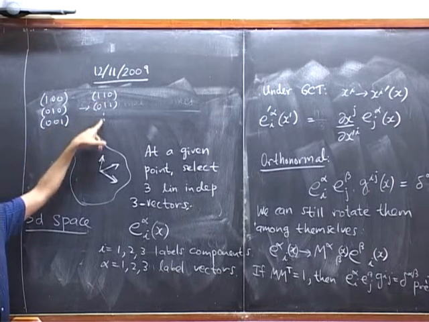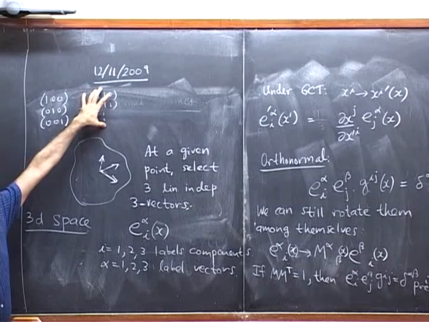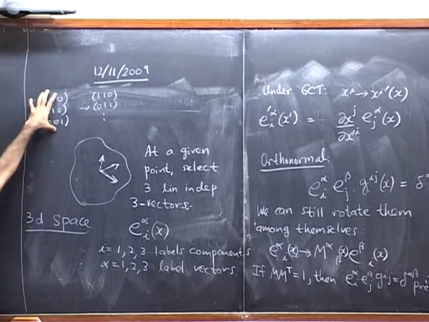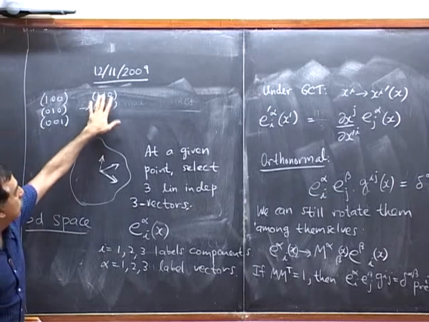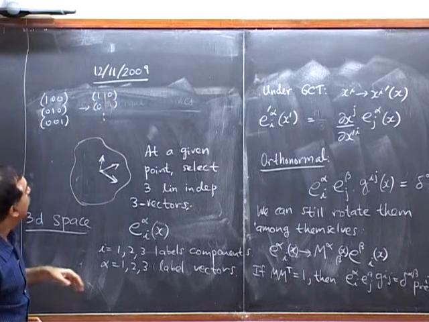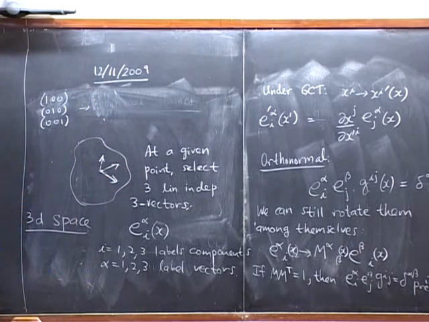And these will be as good a basis as these if the matrix transforming these to these is a matrix in O3, orthogonal matrix or rotation matrix. Because then whatever conditions this satisfies, that they are all normalized to unity and orthogonal to each other, will be true here. Of course not for what I've written probably, but whatever. So that was a bad choice, but something. There are things that we can do. So any orthogonal transformation. Good.